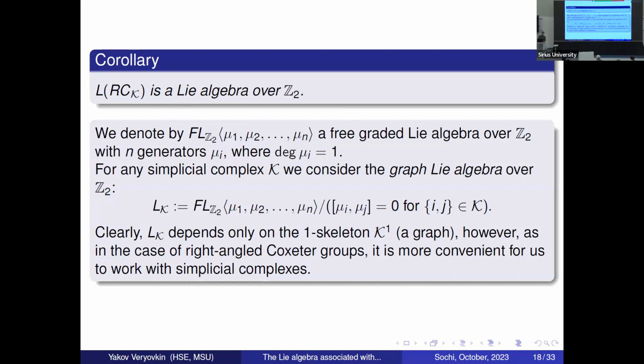For any simplicial complex K, we consider the graph Lie algebra over Z_2, like this: the free graded Lie algebra over Z_2 factored by commutation relations for all edges in the simplicial complex. L(K) depends only on the one-skeleton of K, but as in the case of right-angled Coxeter groups, it is more convenient for us to work with a simplicial complex.